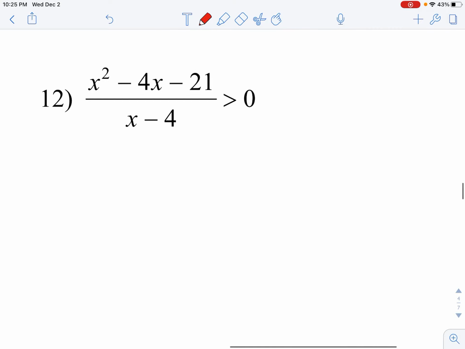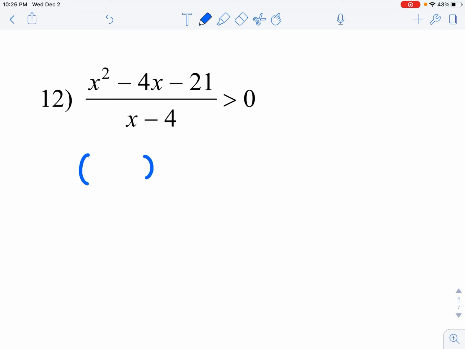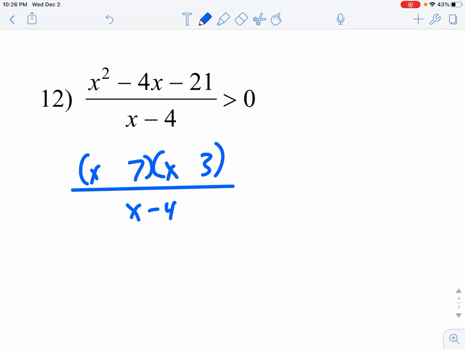Okay, so before I do this one, I'm going to go ahead and factor. That'll make the work a little easier in the long run. So x and x, what multiplies to 21? 7 times 3. Negative 7 plus 3 is negative 4. So there we go. All right, discontinuities.